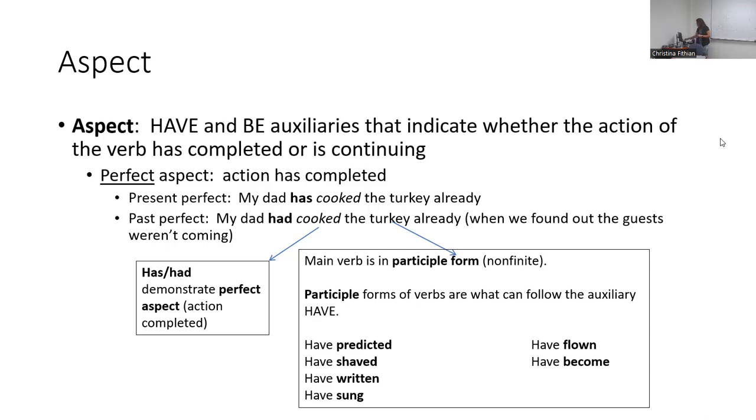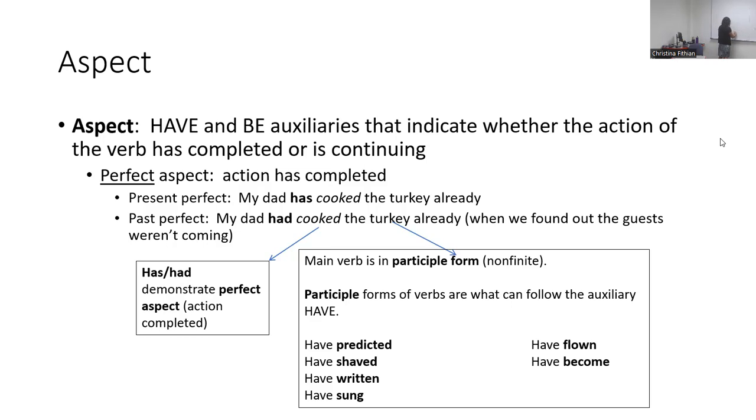And in many cases, sometimes native English speakers don't even really know what the correct form of the participle should be. Let me give you an example. So let's say I have the verb swim, and I give you the sentence frame: I have blank 3 laps today in the pool.